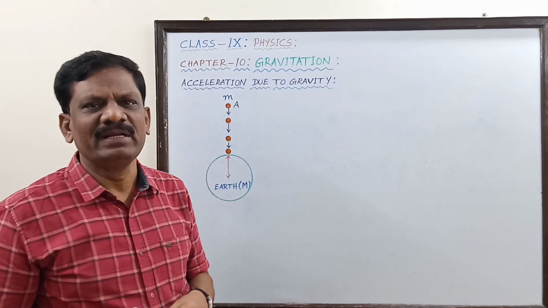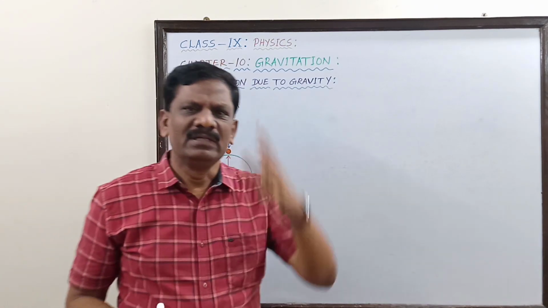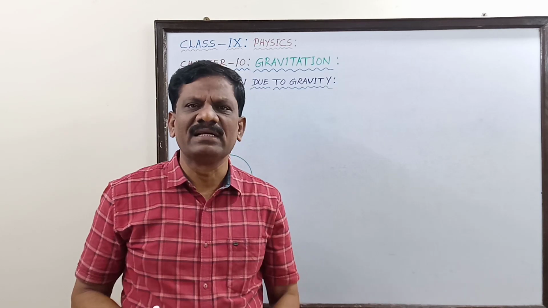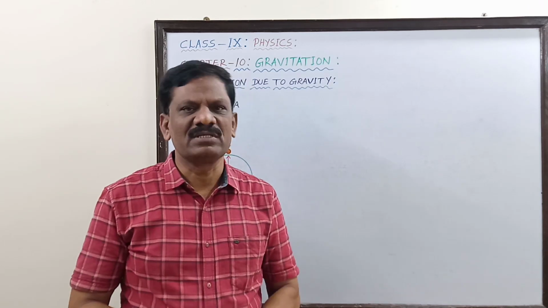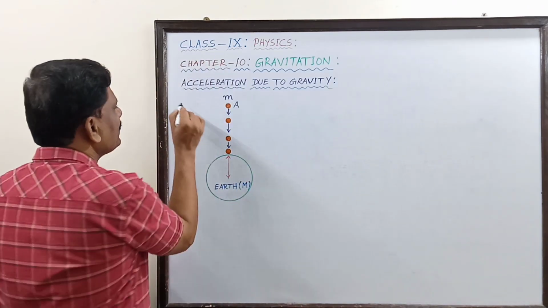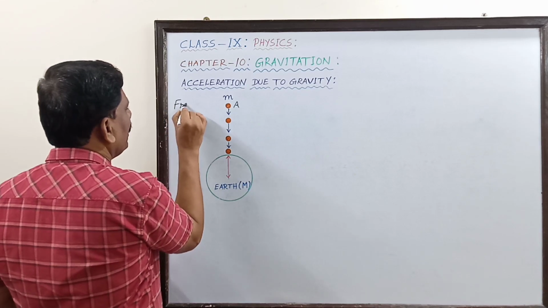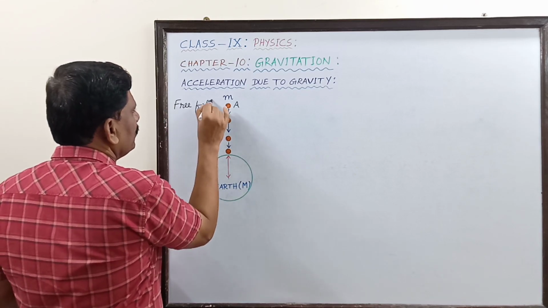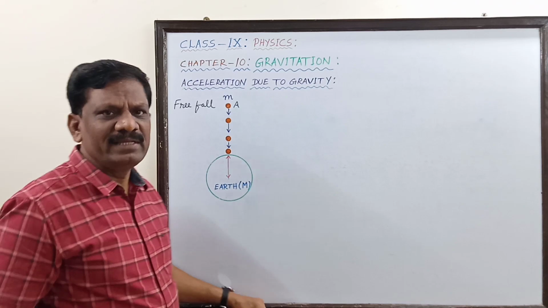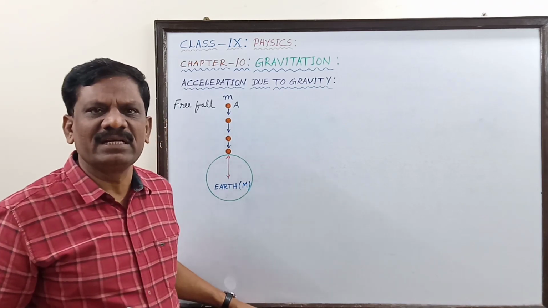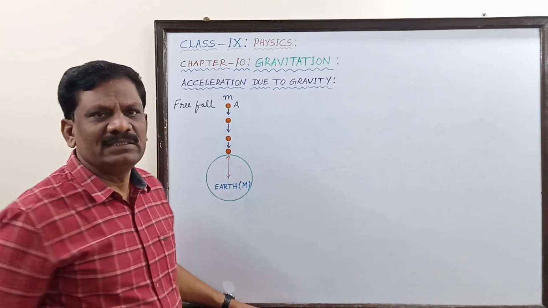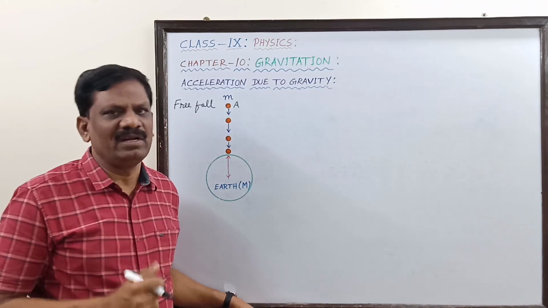So what will happen when I drop the mass? It will come towards the earth because of gravitational force. So this only is called a free fall. When the body is falling only under the gravitation of the earth, it is said to have a free fall.